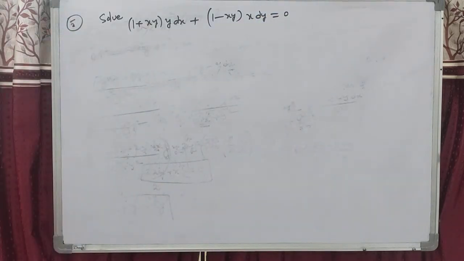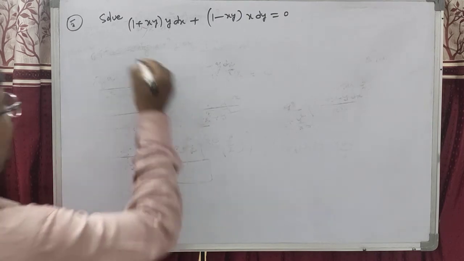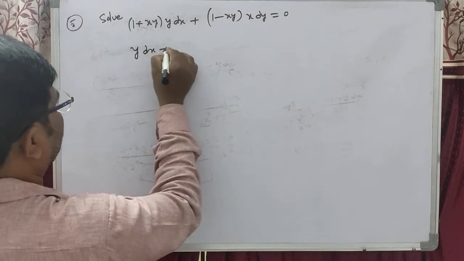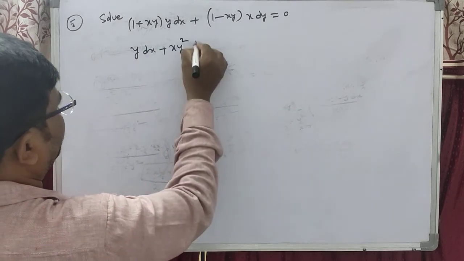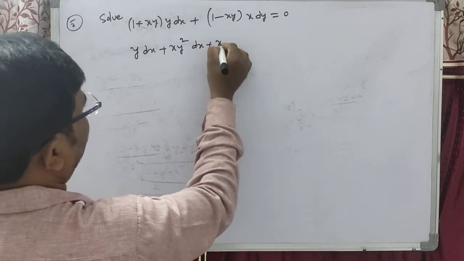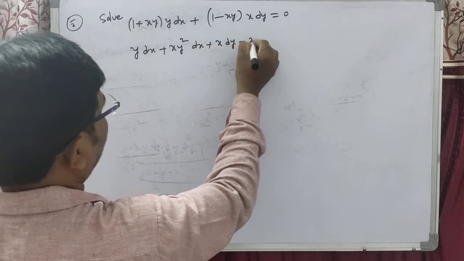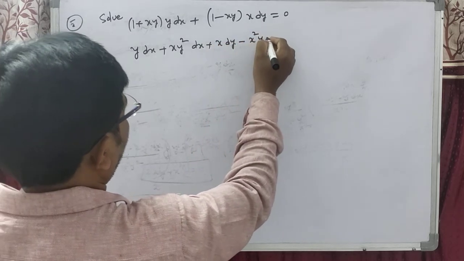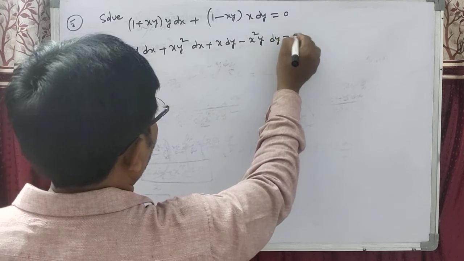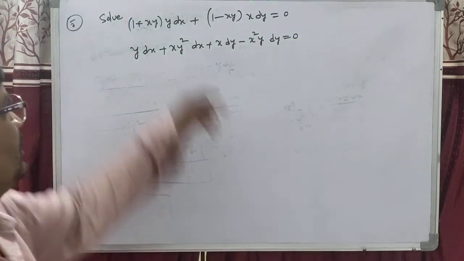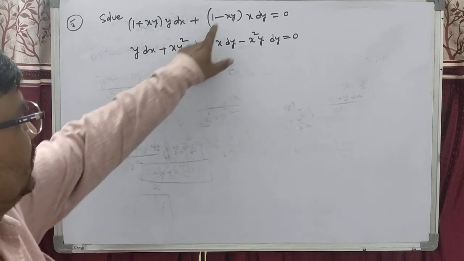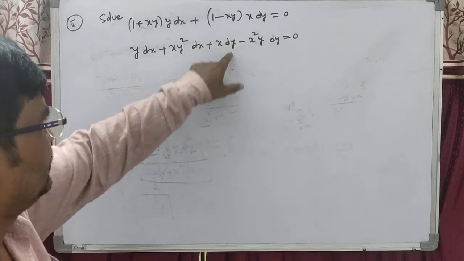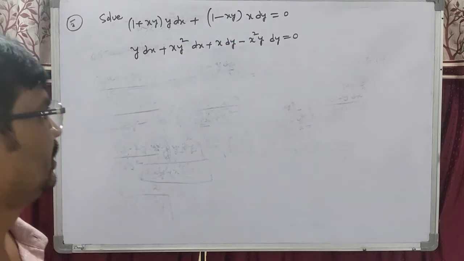Dear students, y into dx is y dx, that is x y square dx, plus x dy minus x square y dy.